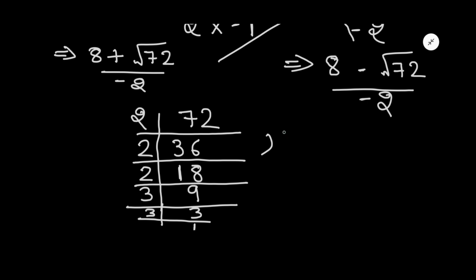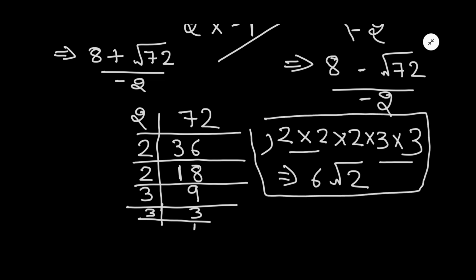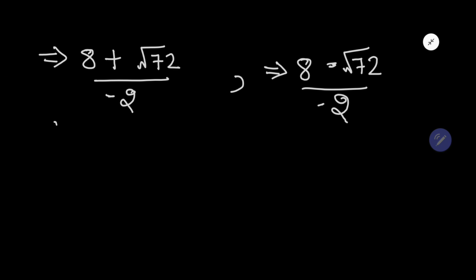So here we have 2 into 2 into 2 into 3 into 3. So the square root of 72 is 6 under root 2. So as we know, the square root of 72 comes out to be 6 under root 2.